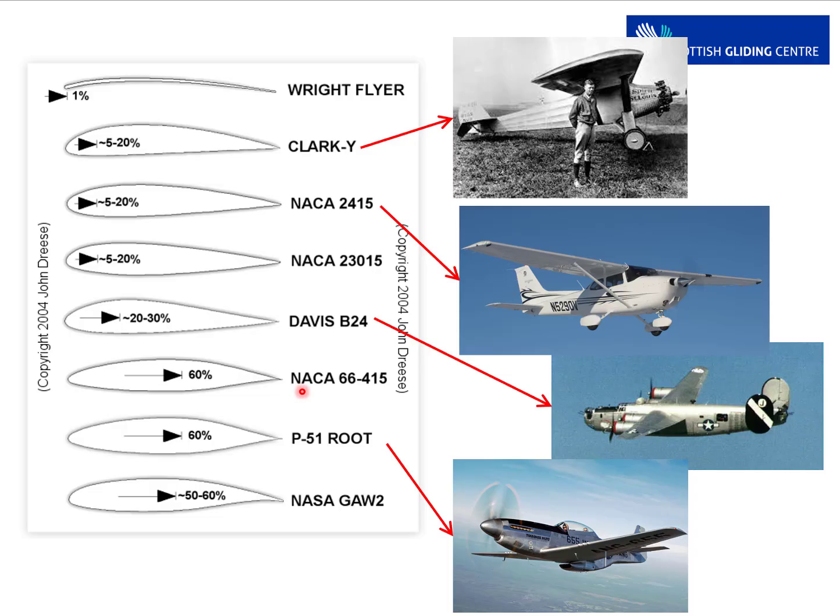Or when we get to the 6-digit airfoils, which were on the P51 in the 1940s, we see that we've got about 60% laminar flow over those wings, and so therefore we've got a very low drag because most of our flow over those wing surfaces are laminar.